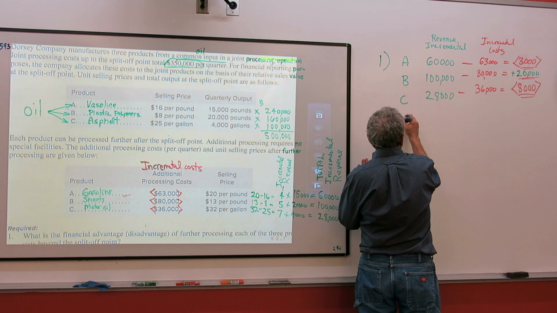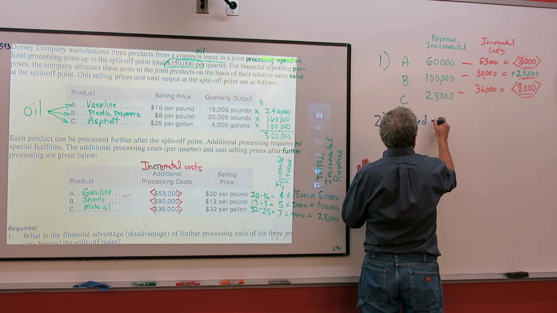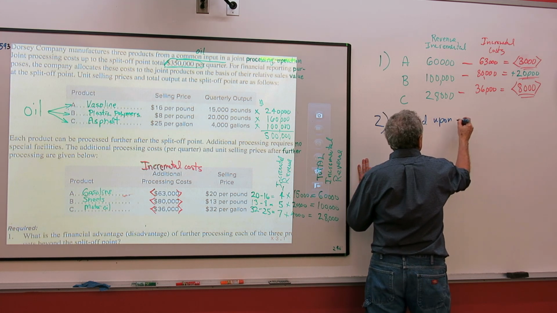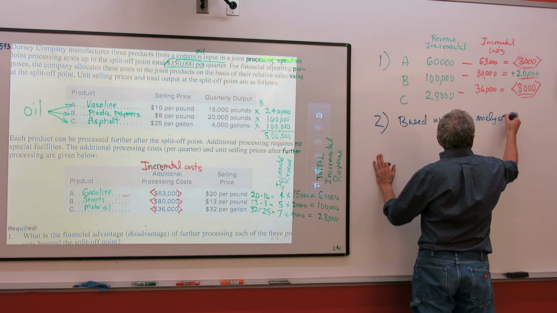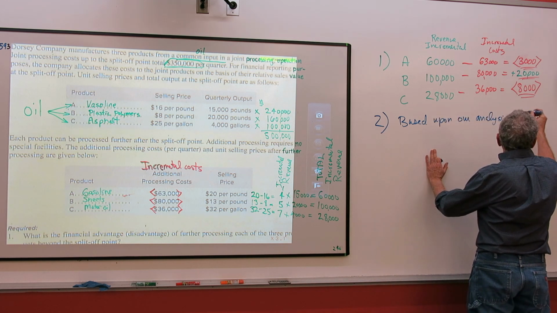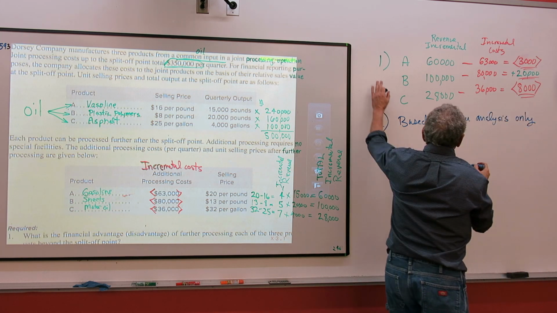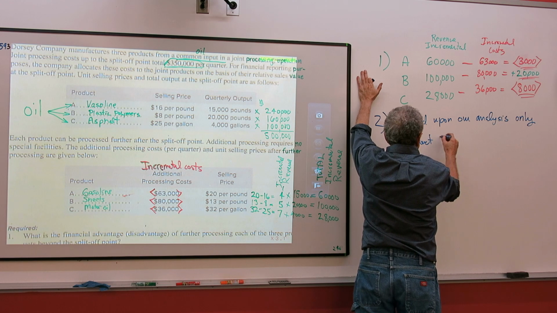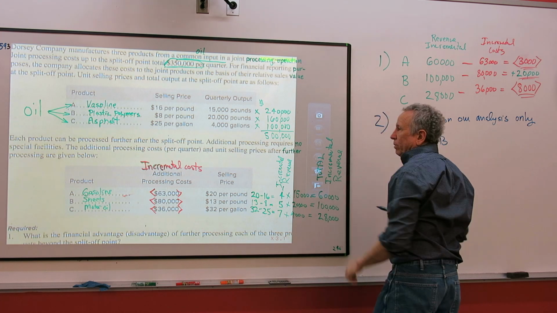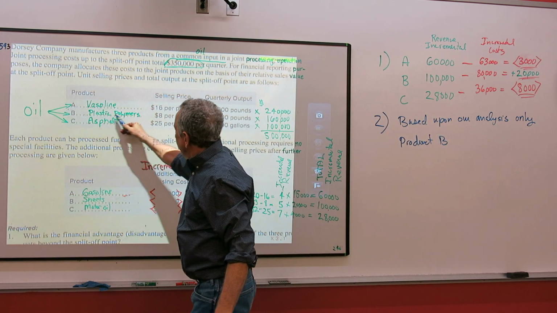Let's just say the same thing. Based upon our analysis, only product B, remember what product B was? Plastic polymers.